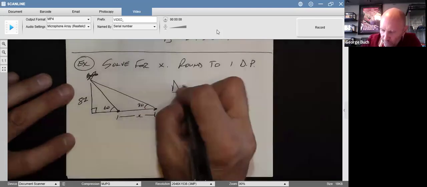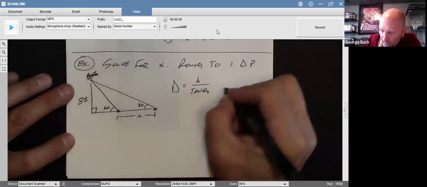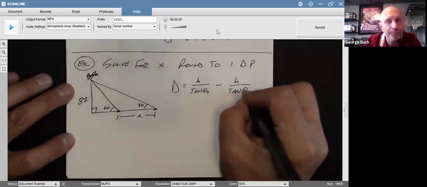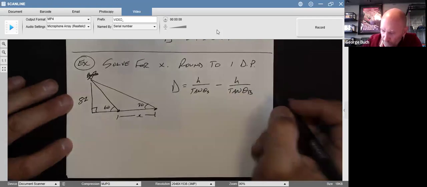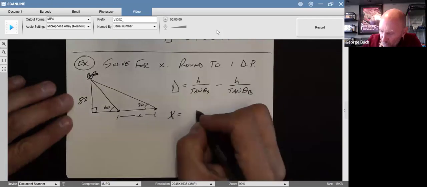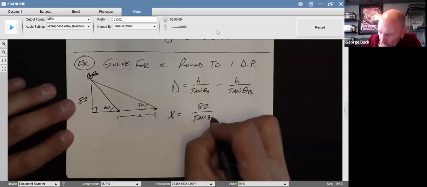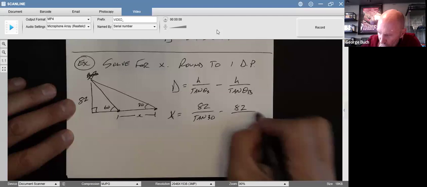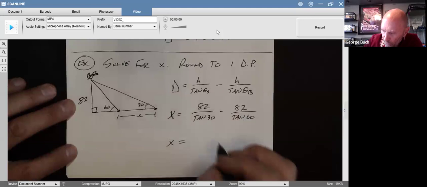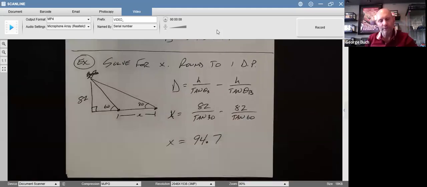So we have distance is h over tangent theta small minus h over tangent theta big. So the distance, which in this case is x, is the height 82 over tangent of 30 minus 82 over tangent of 60. And when you do this on your calculator, round to one decimal place, you should get 94.7.